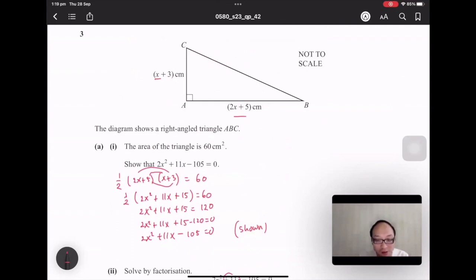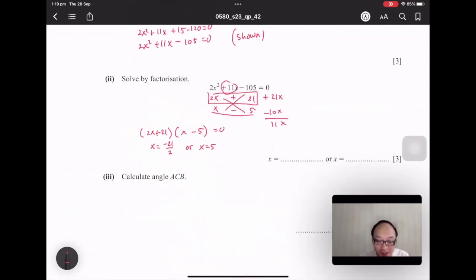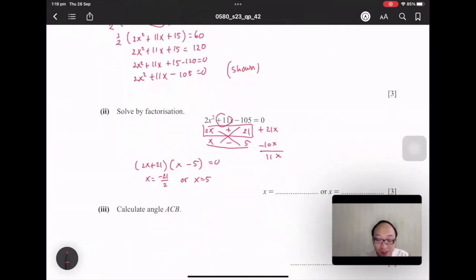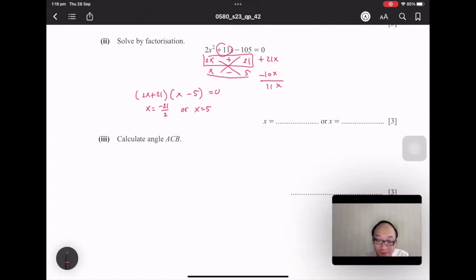We check if it is still negative or no. If x equals to negative 21 over 2, it will be negative, yeah? Okay, so just solve this. So this is negative 21 over 2 and 5.